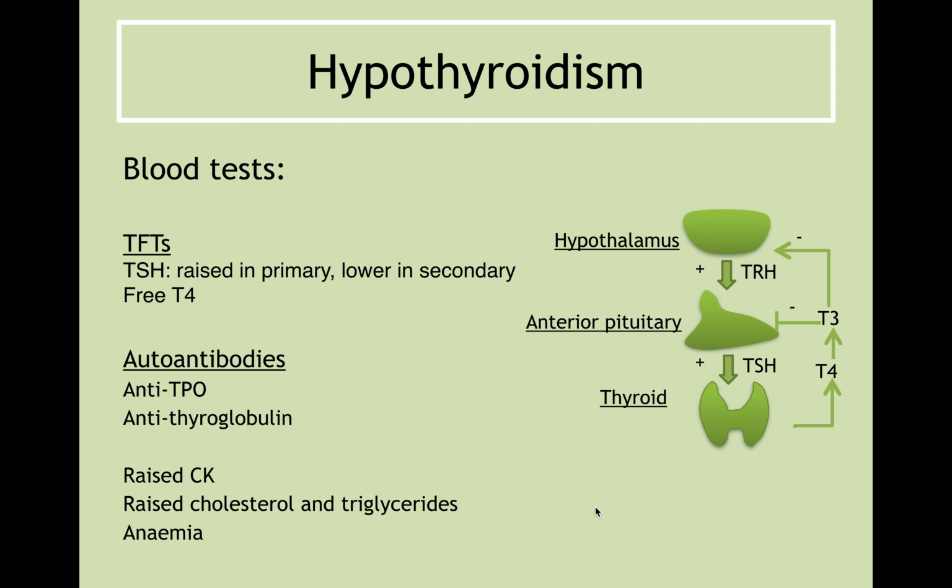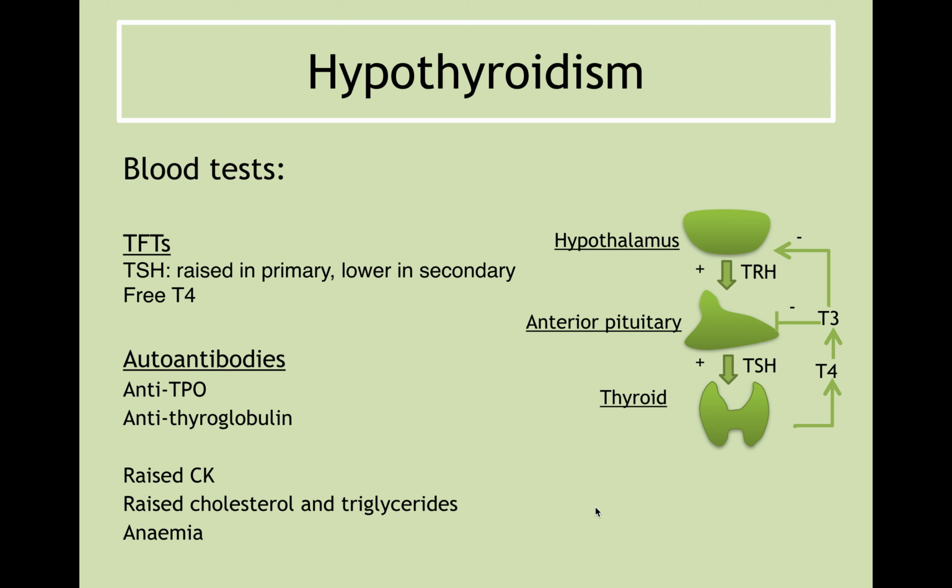So again, blood tests are used to diagnose hypothyroidism. The thyroid function tests. You look at the thyroid stimulating hormone, and similarly to hyperthyroidism, it might be raised or lowered depending on whether it's primary or secondary. And you'll get a free T4 level as well.